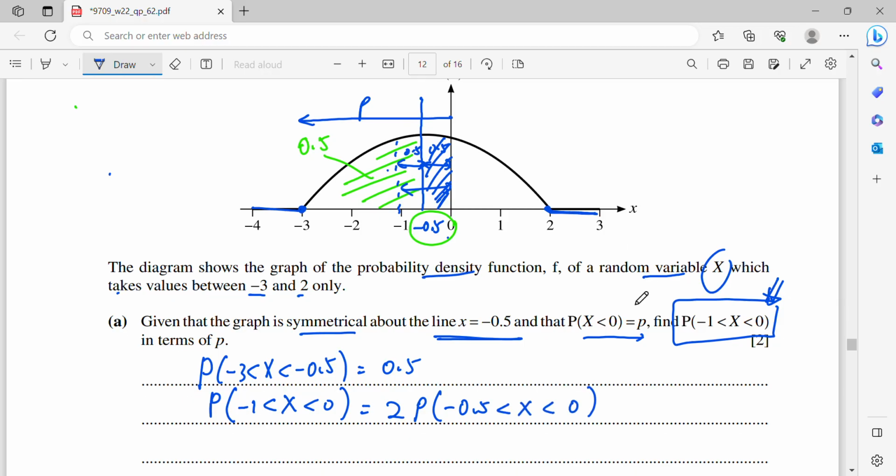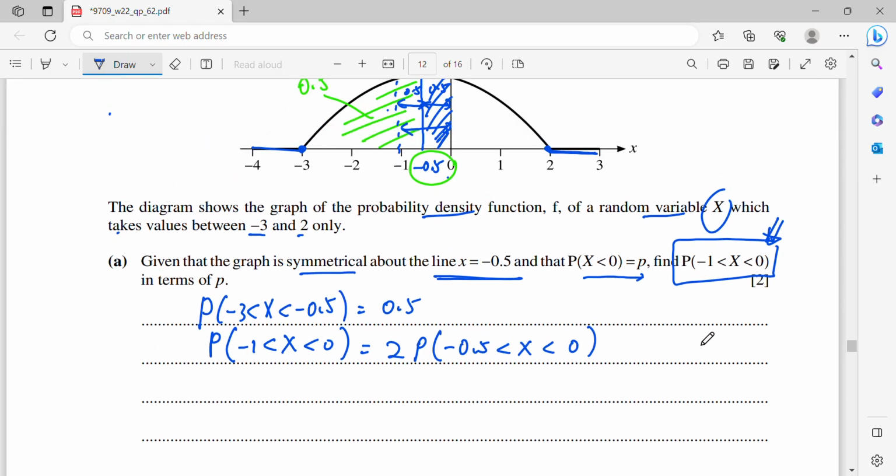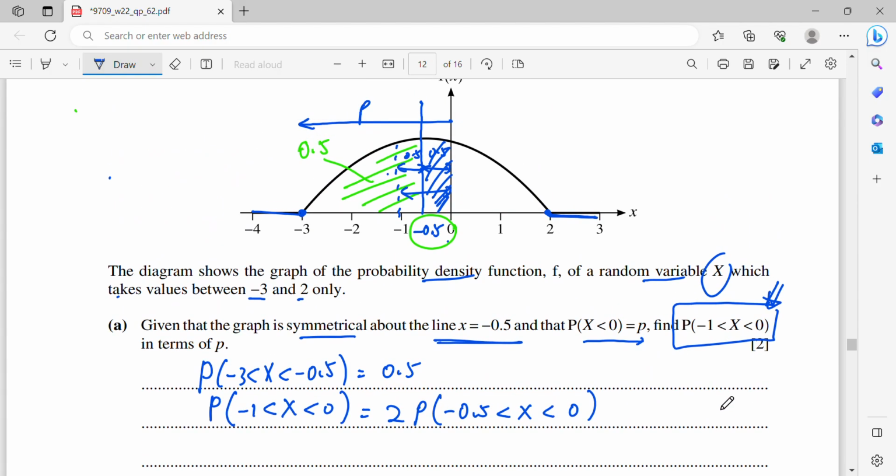Now the probability of x between -0.5 and 0, which is this part, is going to be the whole probability, which is p, minus 0.5, minus the green color. That will be the region that we need to count.